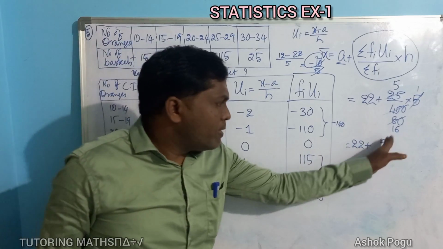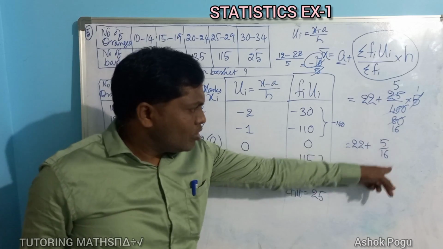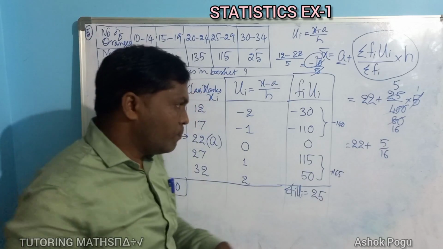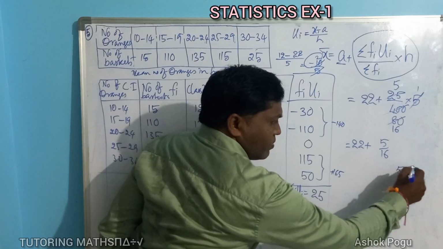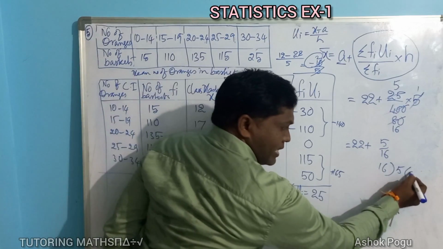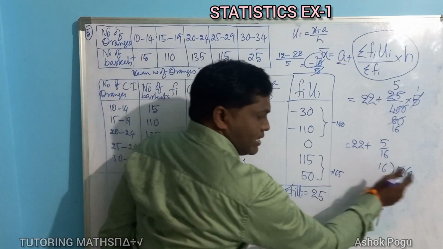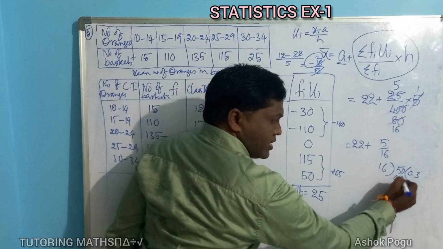Now 22 plus 5 by 16. It is a fraction. Just convert this fractional form into decimal form. Here we have 5 divided by 16. It is not possible, so I take 0 point. You know this basics. 16 table: 16 threes are 48.